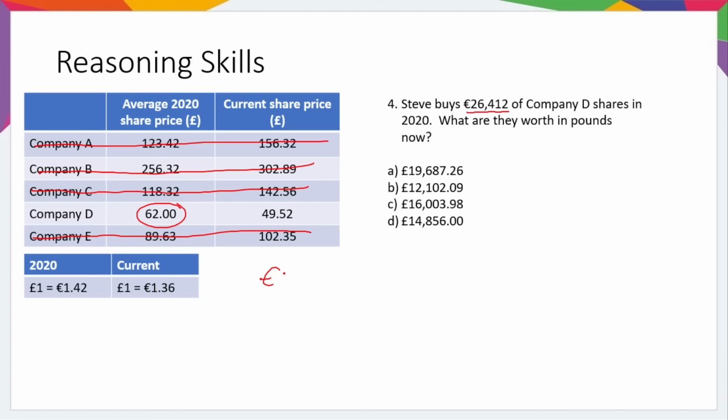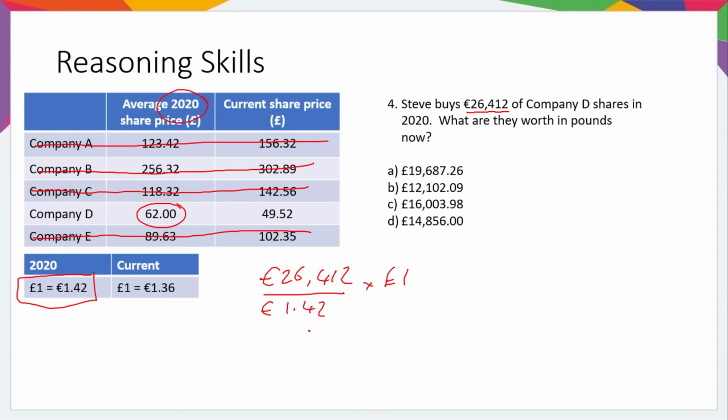So what we have here is 26,412 euros. Remember, when we're doing a conversion, we divide by the same. This is the conversion rate we're using because we are looking at 2020. So euros divided by euros multiplied by pounds in this case, and 26,412 divided by 1.42.